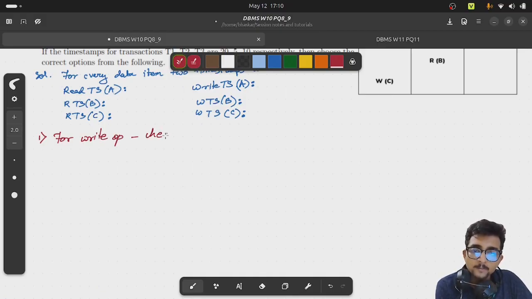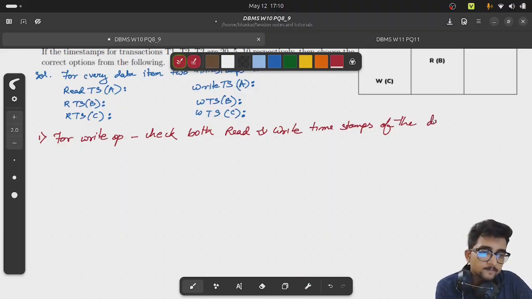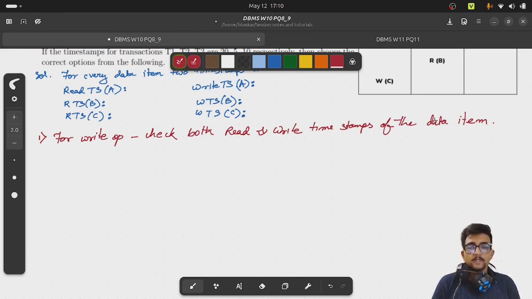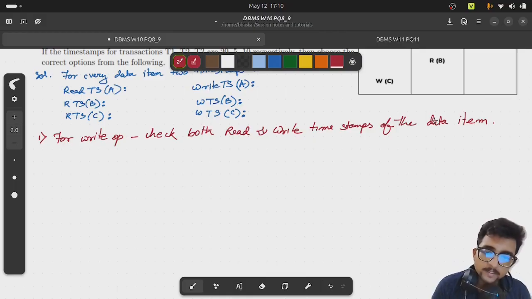check both read and write timestamps of the data item, right? So we will basically check both the read and write timestamp of the particular data item on which a new write operation is being issued by a transaction.